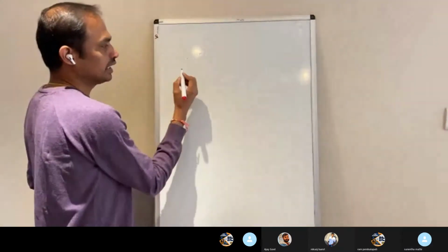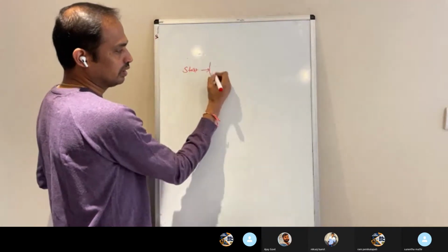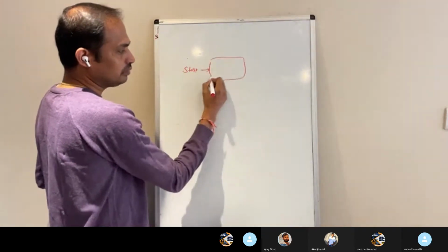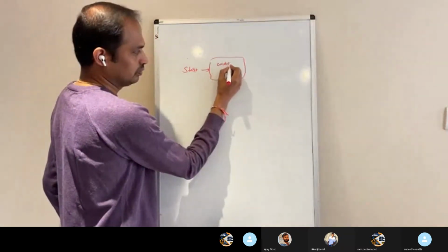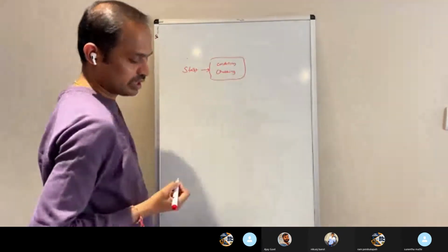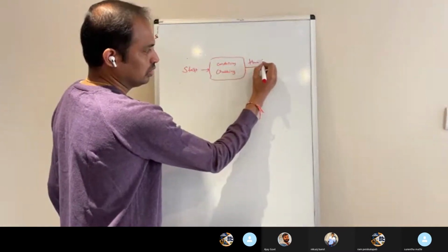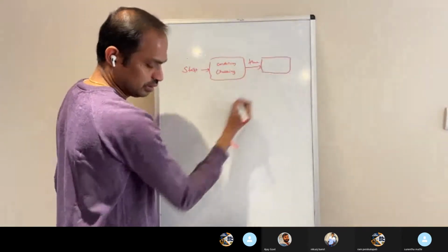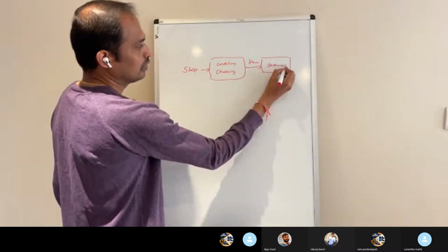So same, start. This is the flow chart. Then we need to do condition checking. It will check whether the condition is true or false. If true, it will go and execute the statement.